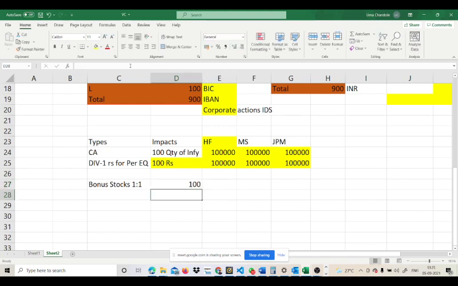Your total position should be 200. In the same way, they will also receive this much.